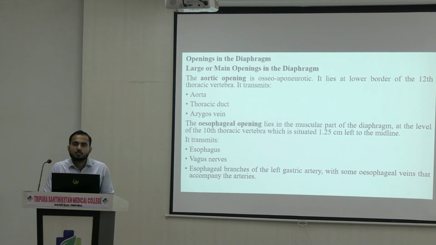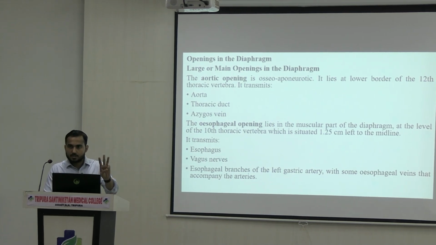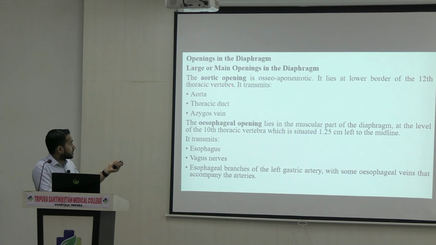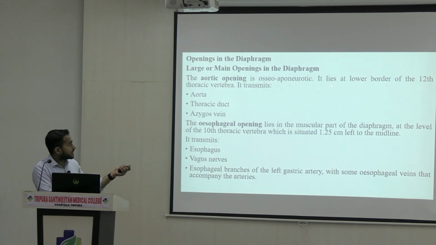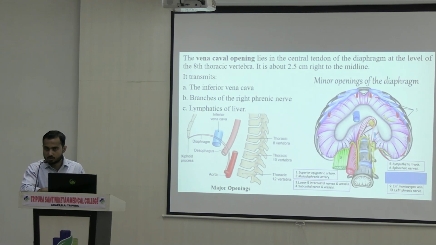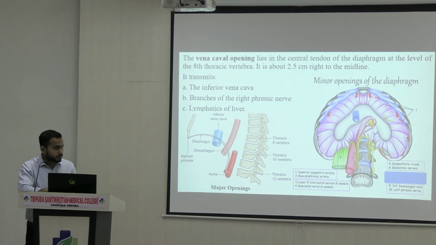How many major openings are there? 3 major openings. Among them, the first is the aortic opening, which is osseo-aponeurotic. From this opening the major structures pass, along with some minor structures, that you have to know.